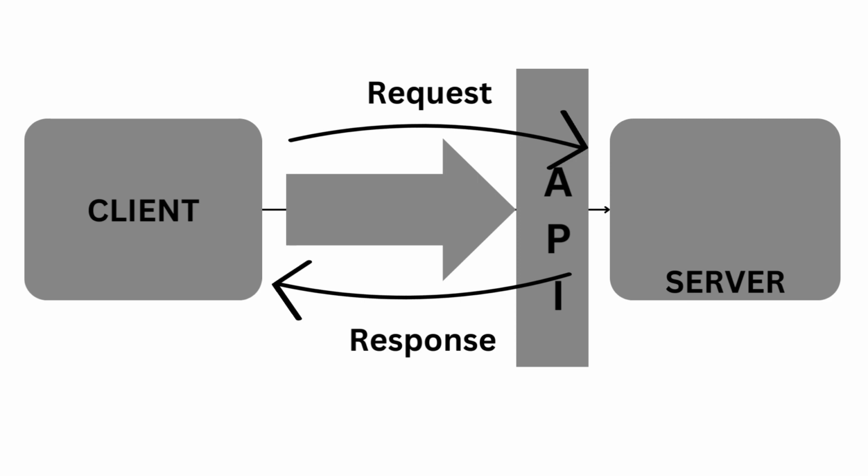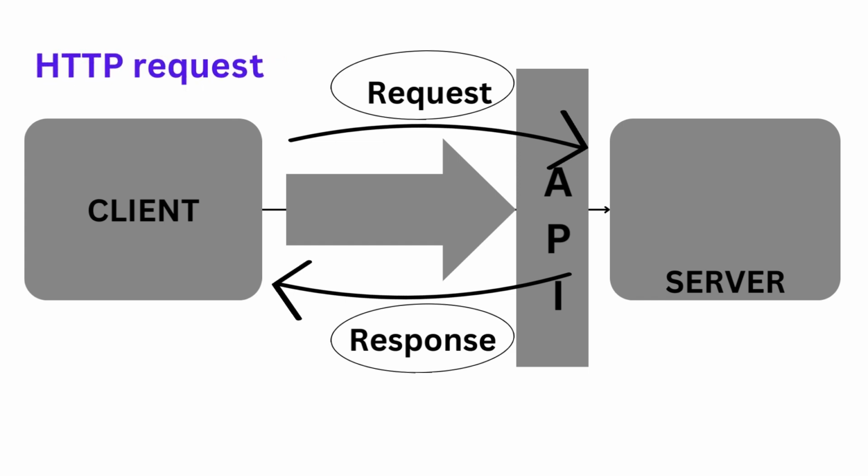As I mentioned earlier, the client sends a request to the API, which processes the request in the database layer. The database layer then provides a response back to the API, and the API sends this response back to the client. This is where our request is, and here is our response. This represents the server side. The request is an HTTP request.